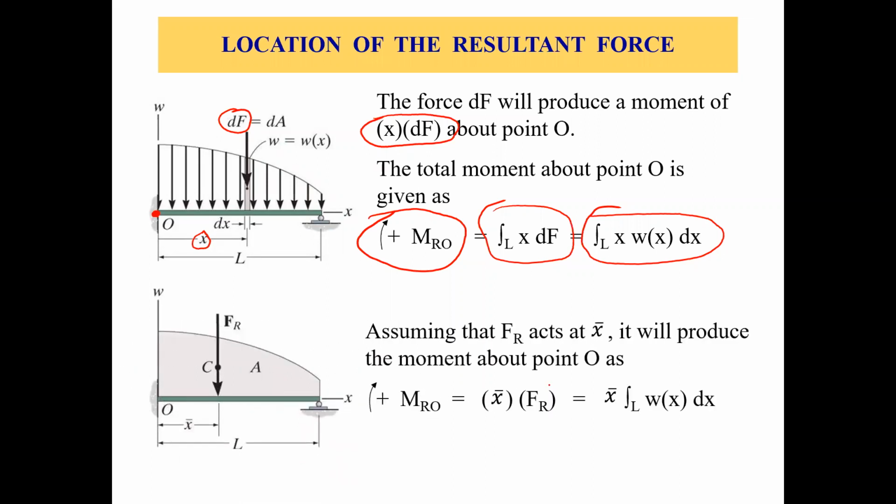Now assuming that FR acts at x bar, it will produce a moment about point O of x bar times FR, right? So this FR times x bar gives us the moment of the resultant force. Just put in the value of FR here, and we get x bar times the integral of w(x) times dx over the length.